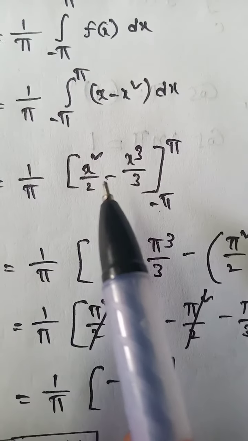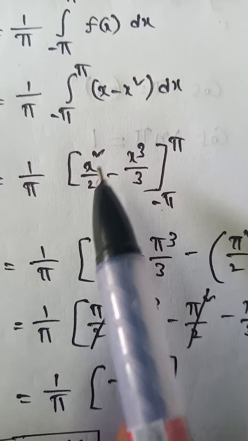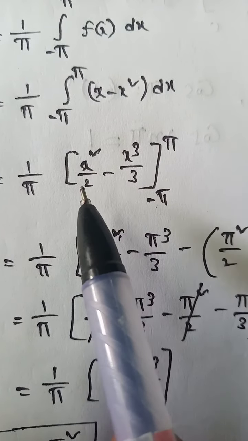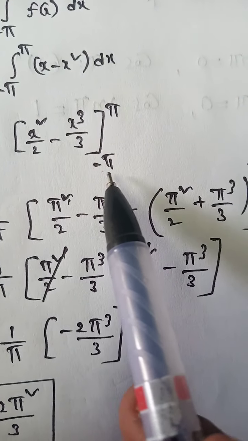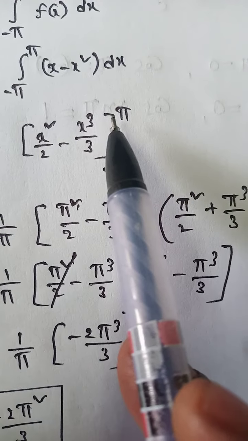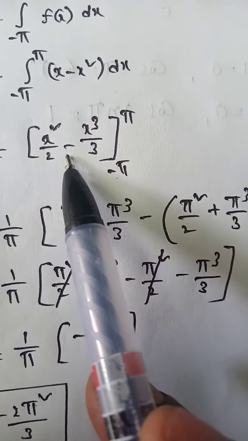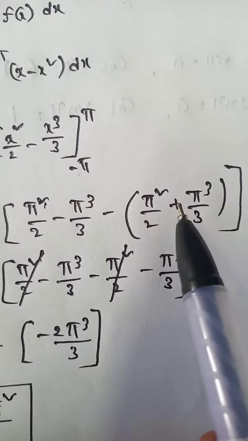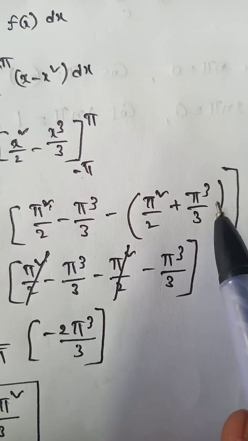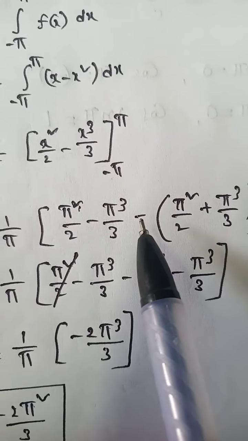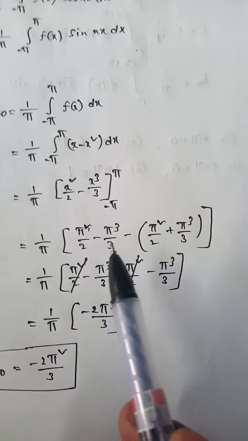In the place of x, minus pi whole square means again pi square by 2, minus, but while substituting minus pi whole cube, the minus comes out, therefore minus into minus is plus, and here pi cube by 3. Now put the brackets because we have minus. And now what will we have?